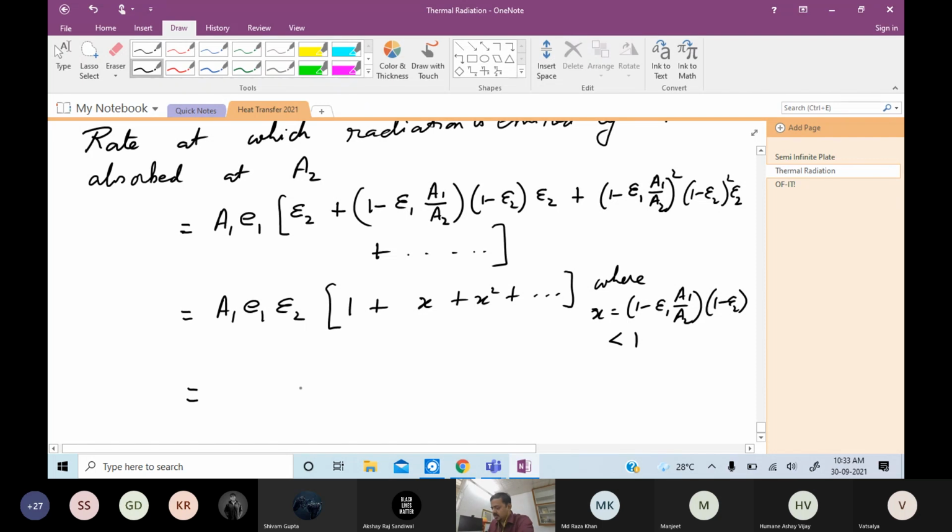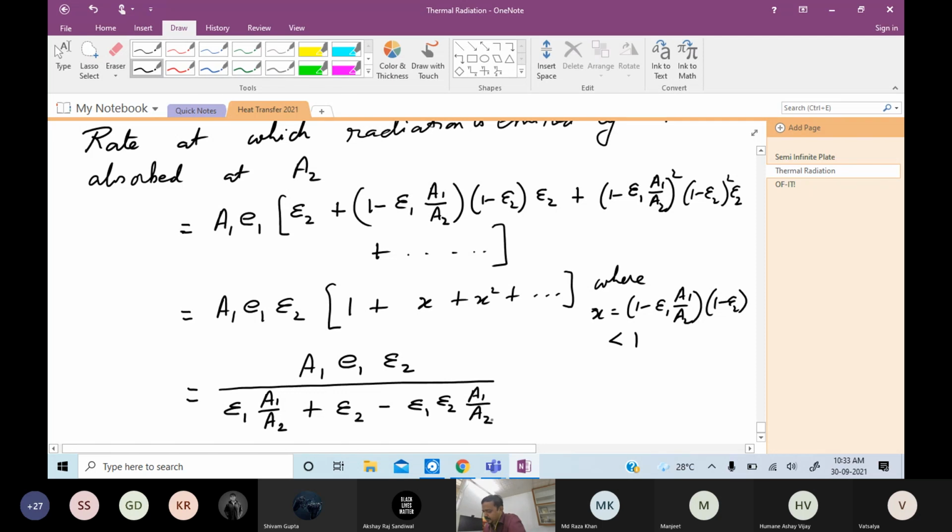So I can write therefore A1 E1 epsilon 2 divided by, if you just expand this basically.